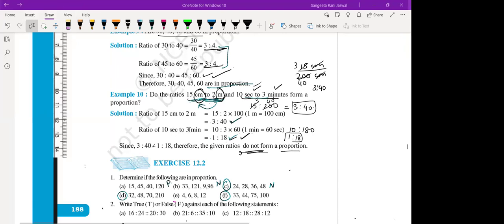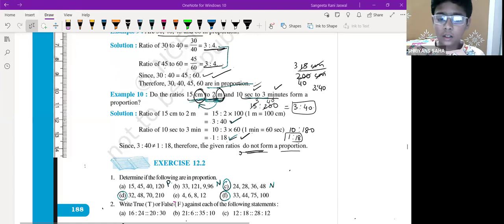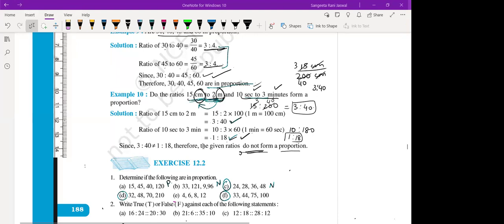Yes, C bit is not in proportion. Okay, next, Adya, you tell me. Ma'am, 1 minute, ma'am.